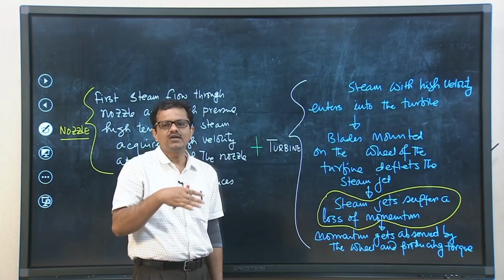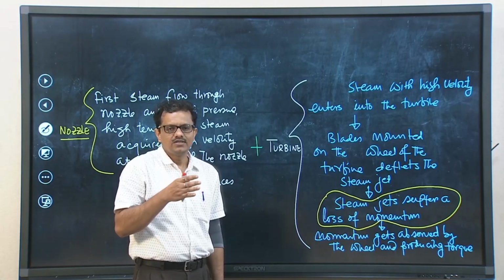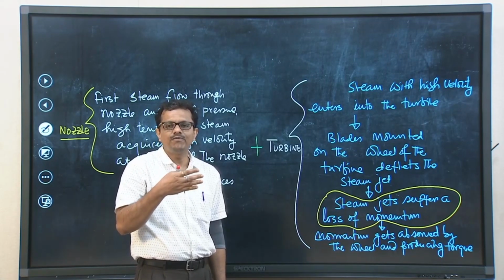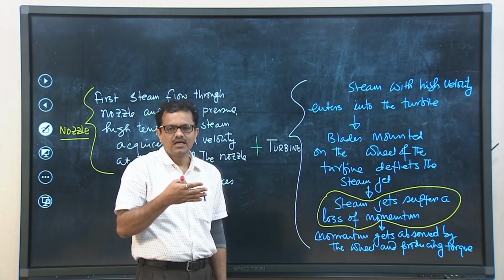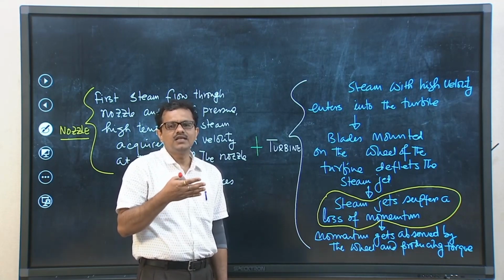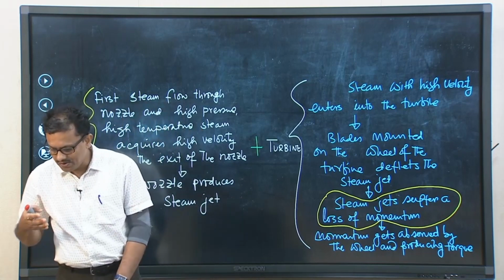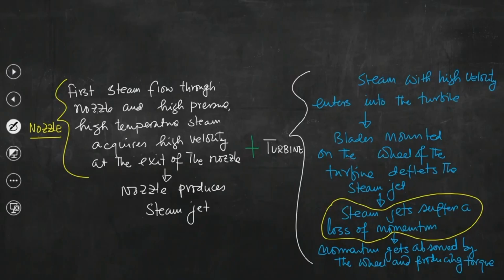So, blades which are mounted on a wheel are responsible for the deflection of steam jets, and depending on the blades used and the energy transfer process, we can classify steam turbines into two different categories.